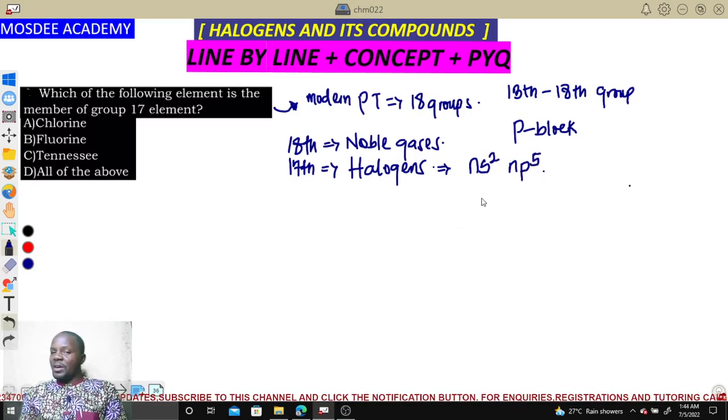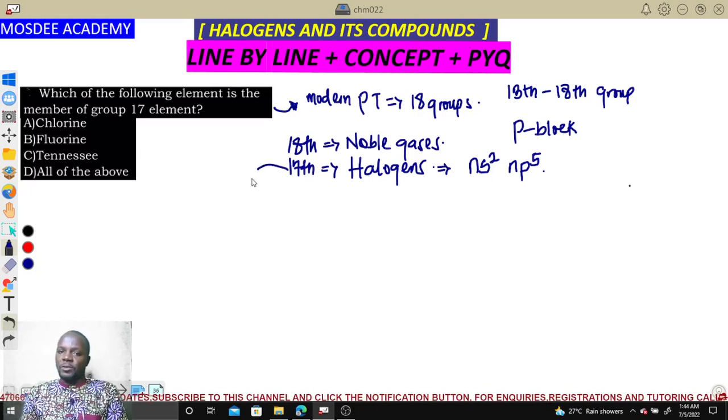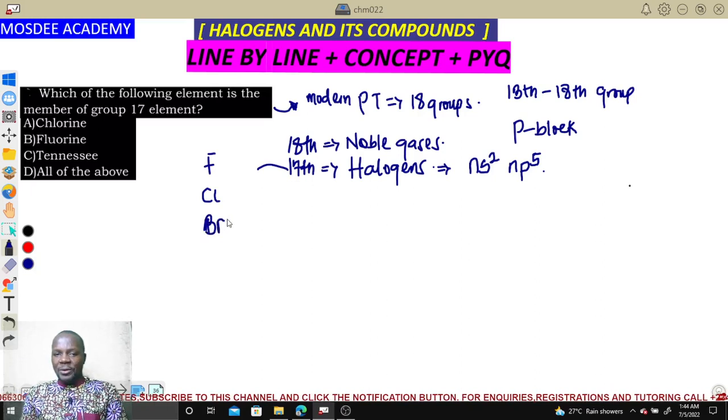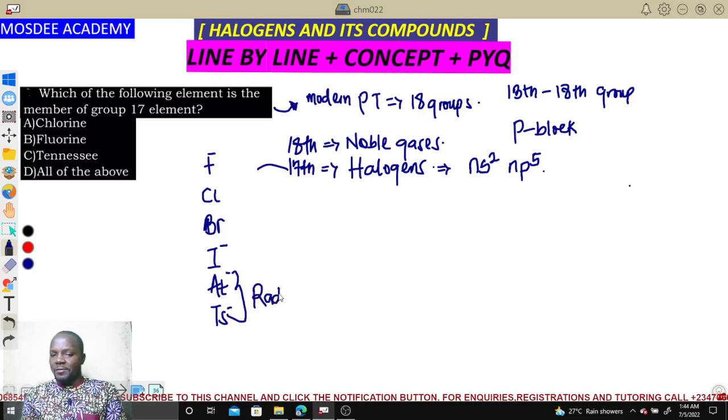Note that the members of the halogens, from junior classes, are fluorine, chlorine, bromine, iodine, astatine, and tennessine. You can keep it in mind. Now, tennessine and astatine are radioactive.